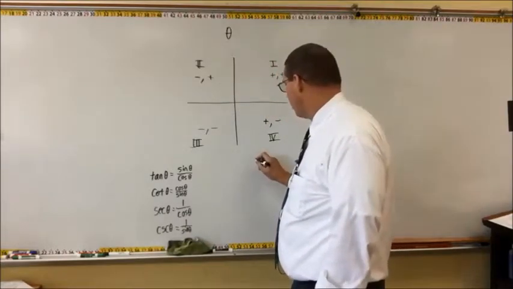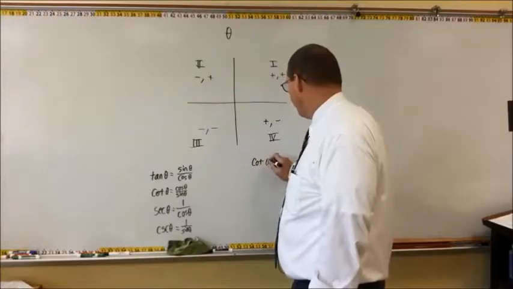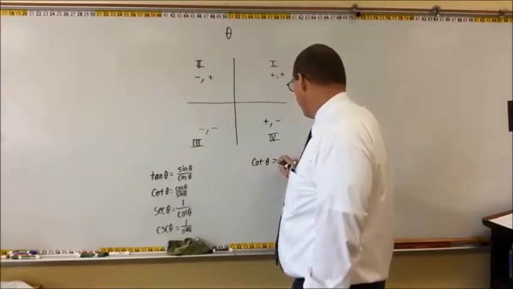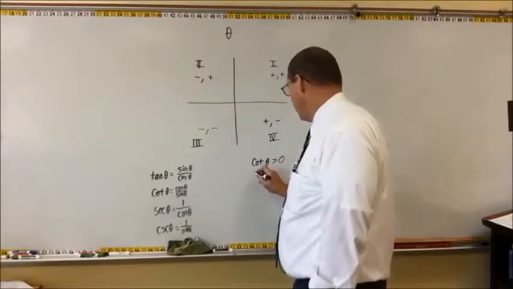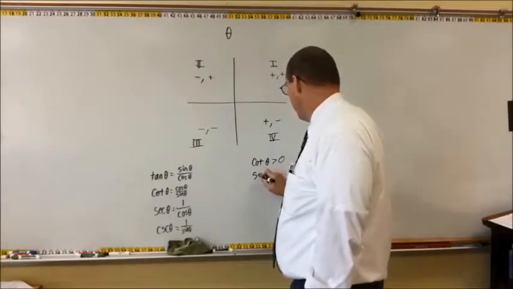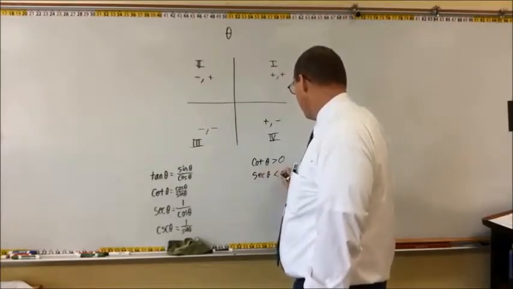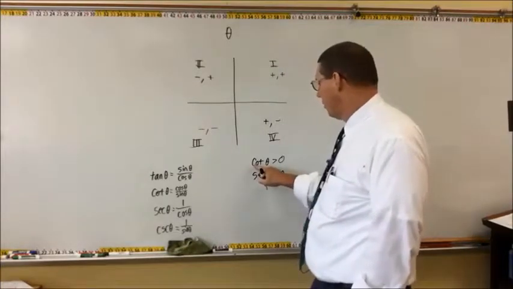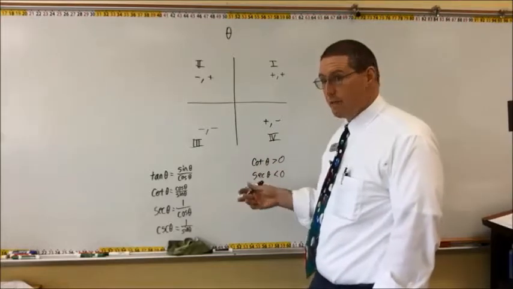Cotangent of theta is greater than 0, and secant of theta is less than 0. Well, I prefer to do the cotangents and tangents last.